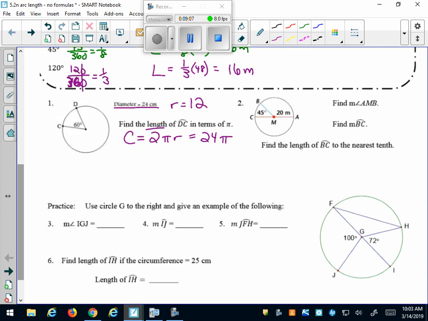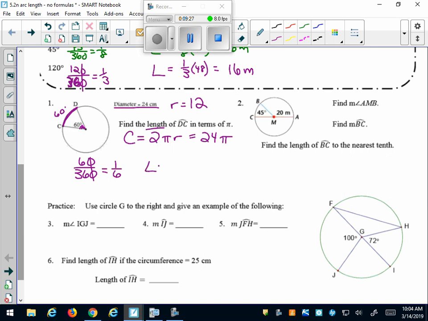Now, arc DC is how many degrees? 60 degrees, because it matches the central angle. So 60 out of 360 is what fractional part? 1/6.